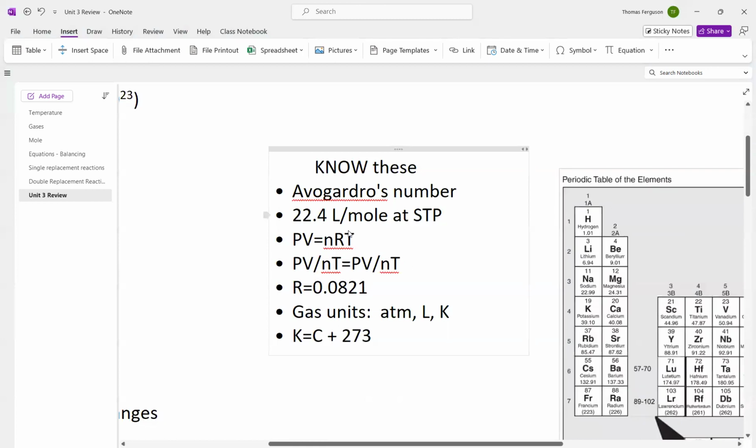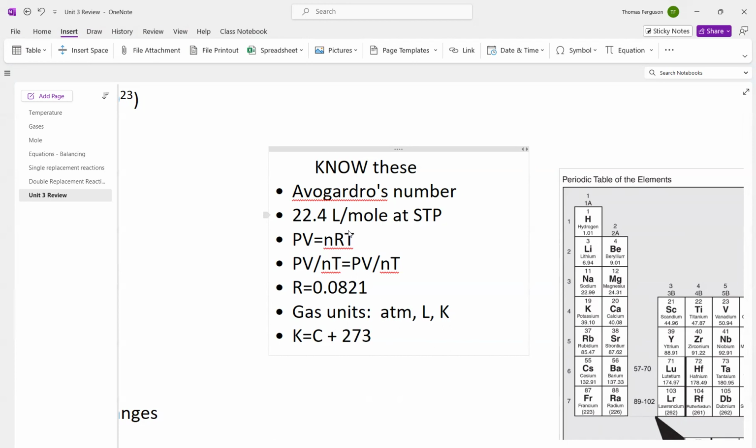Avogadro's number, 6.02 times 10 to the 23rd. Make sure you know that. 22.4 liters per mole at standard temperature and pressure. Two equations for gases: PV equals nRT, and then P1V1 over n1T1 equals P2V2 over n2T2. The R value is 0.0821.